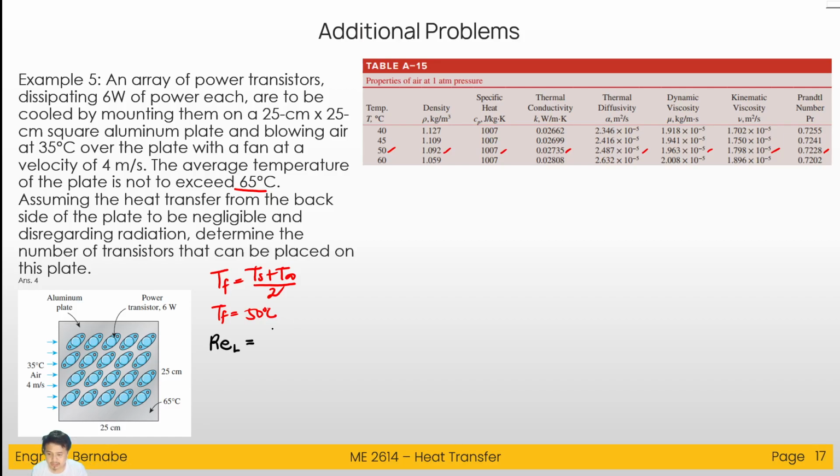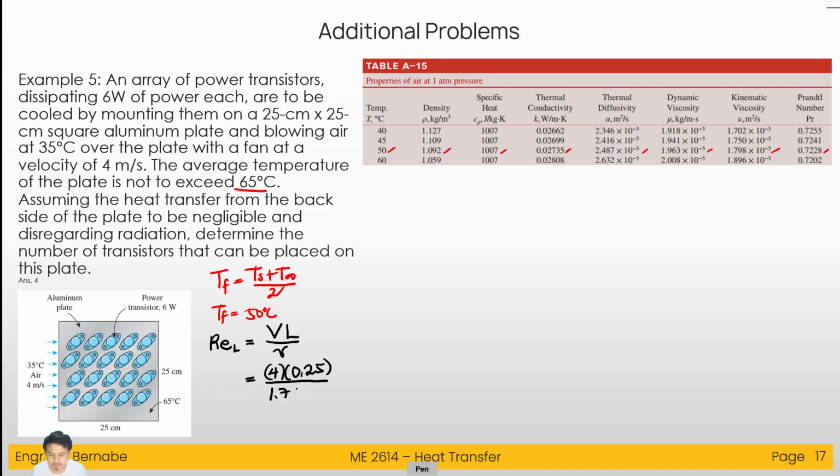So we just use velocity and then the length over the kinematic viscosity. The length of the plate is given, so we have 25 centimeters. Plugging things in, we have 4, and the length in meters should be 0.25 meters, divided by the kinematic viscosity, 1.798 times 10 to the negative 5.